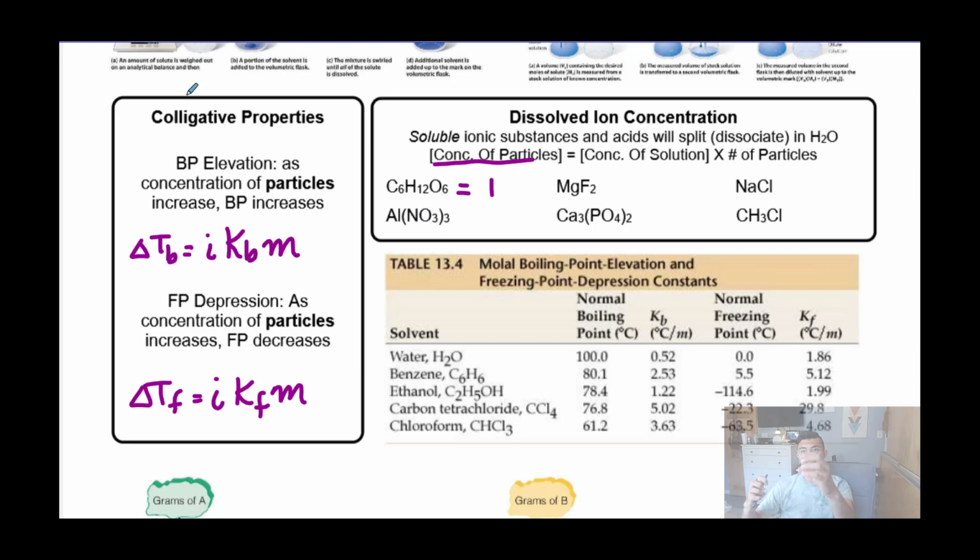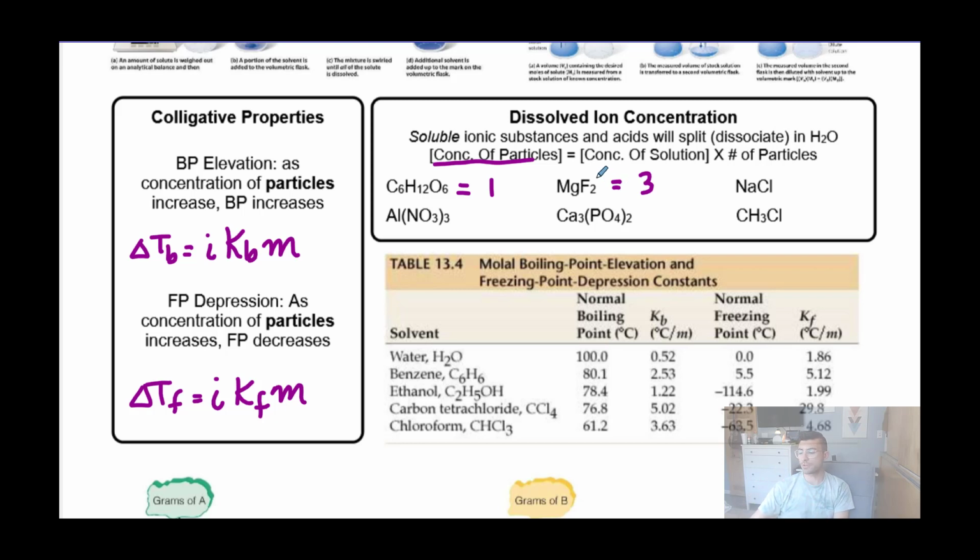It's just sugar molecules breaking apart from each other. But when something like magnesium fluoride dissolves in water, that magnesium fluoride, MgF2, is not going to stay together as one unit. It's going to split up into 3 separate ions, 1 Mg2+ and 2 F- ions. So that's 3 total ions that we're going to get.